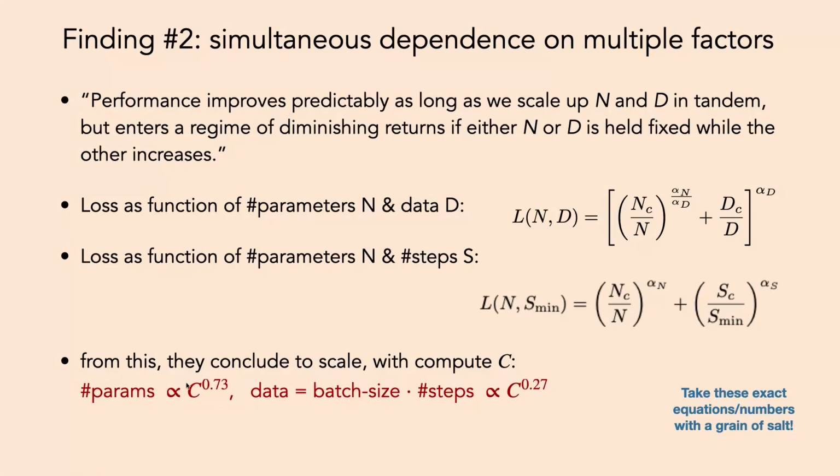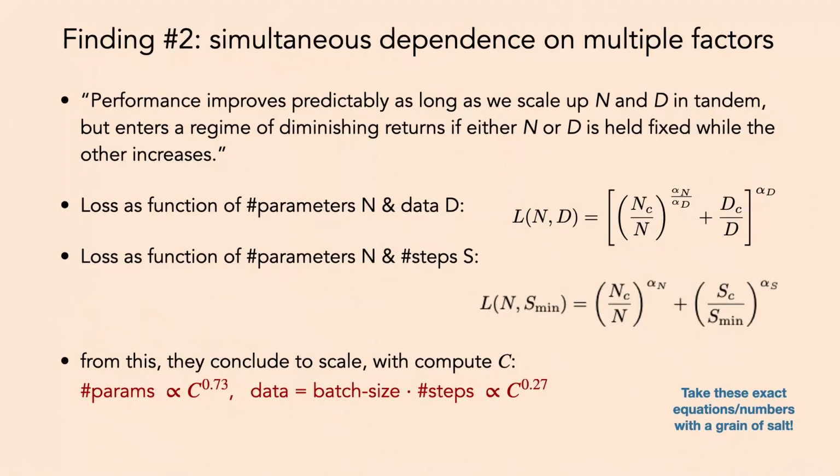Let's say that you have compute resource C. Then the number of parameters that you'll want should be proportional to C to the 0.7, and the number of data points that you'll want to train on should be proportional to C to the 0.27.